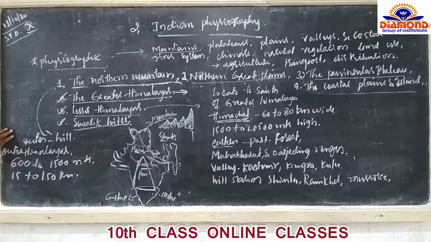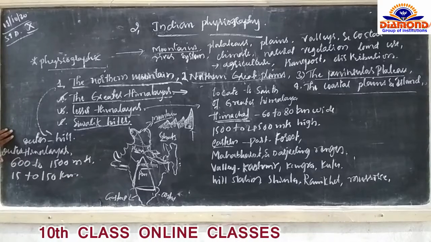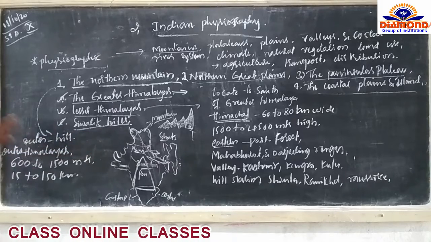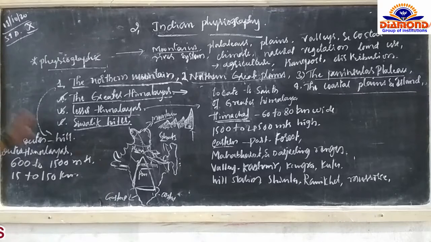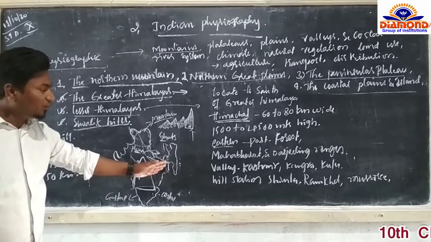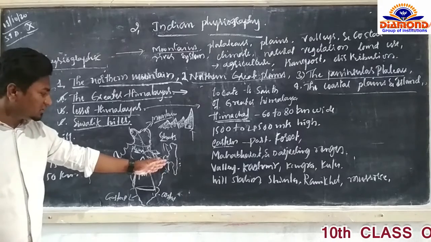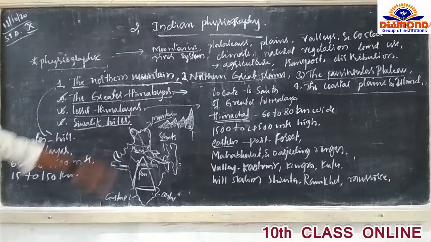Shivalik hills are very small in width, very narrow. It is said that they are narrow in the eastern part and broad in the western part.